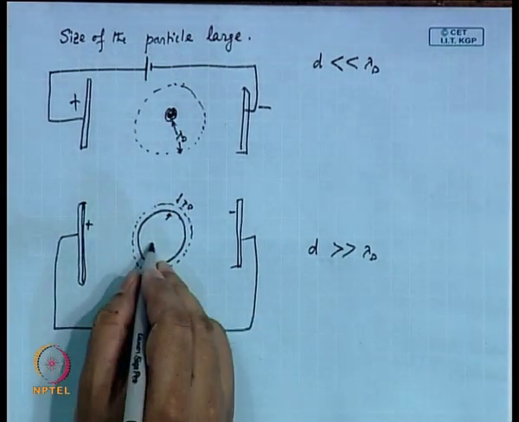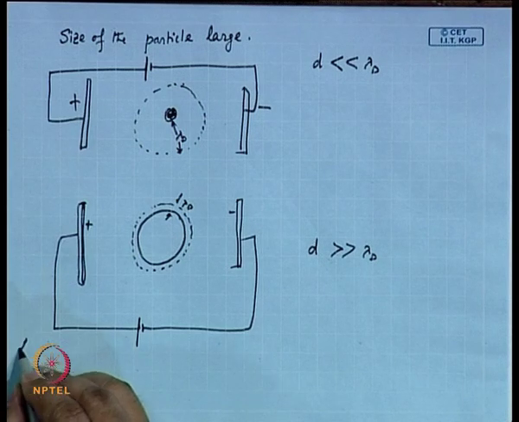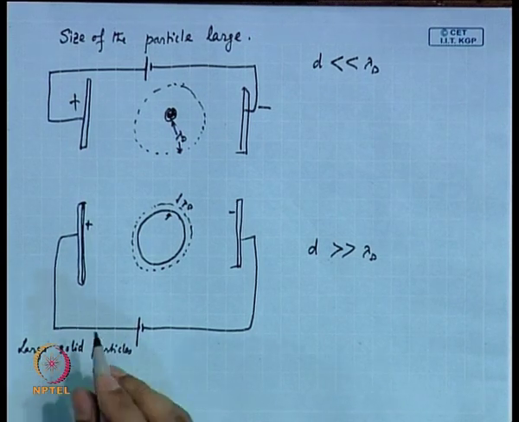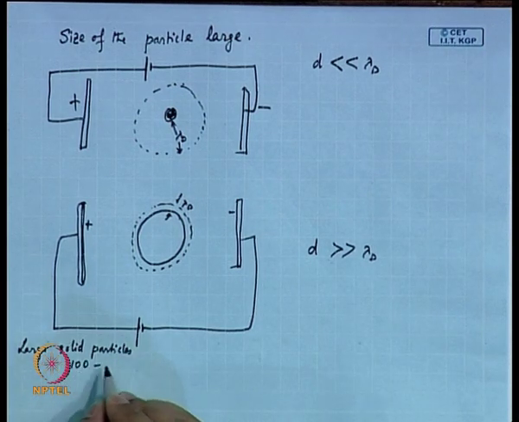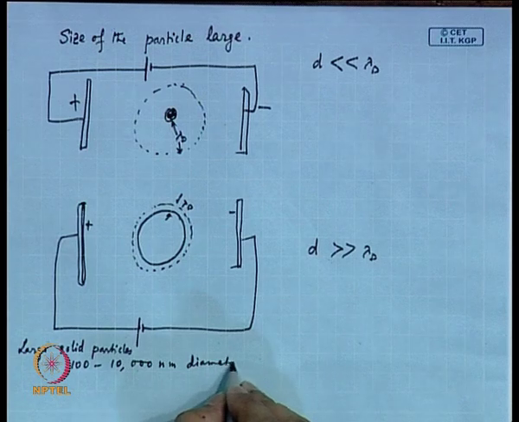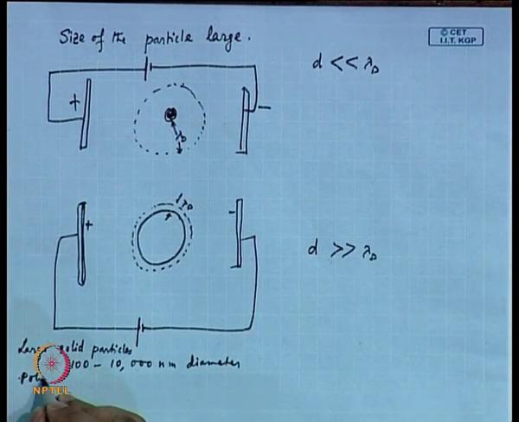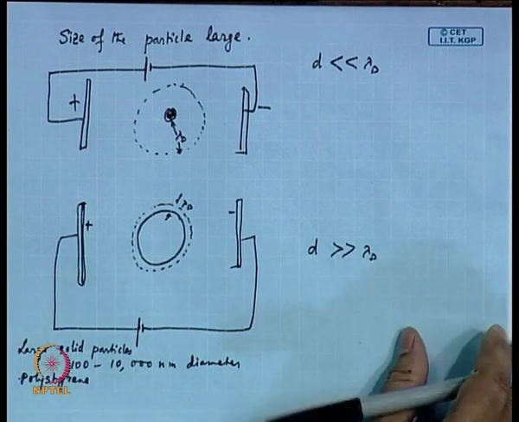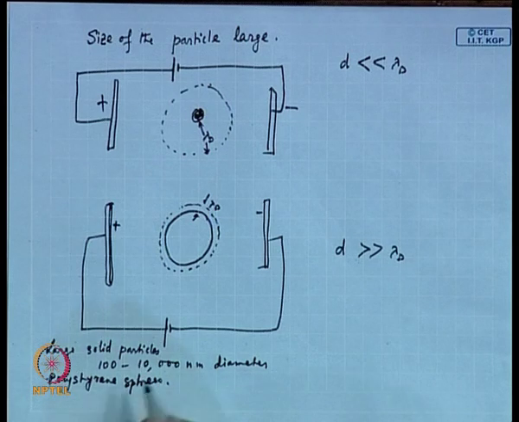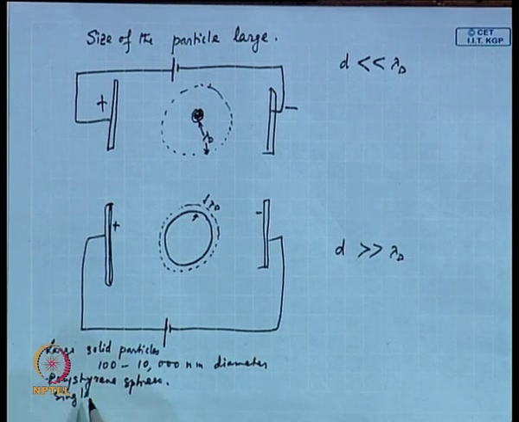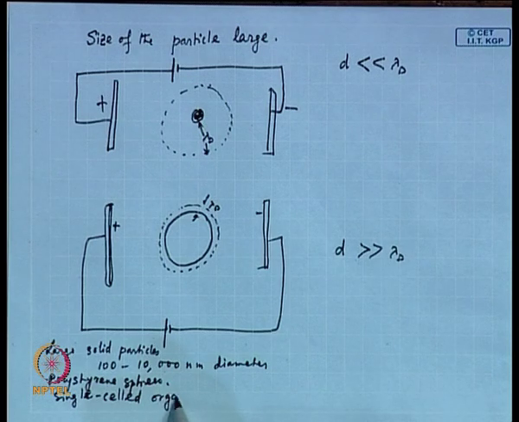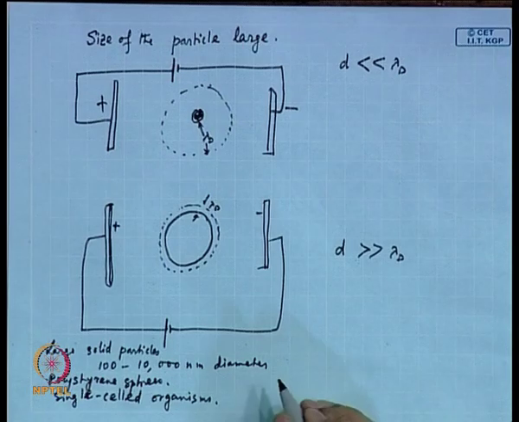We are talking about large solid particles of dimension 100 to 10,000 nanometer diameter: polystyrene spheres, single celled organisms, clay particles.